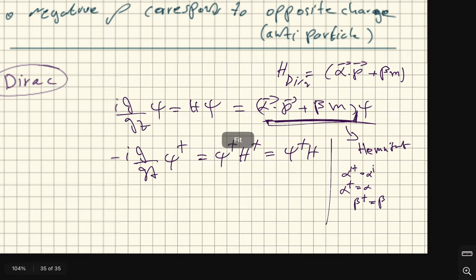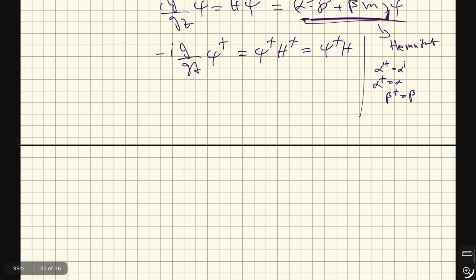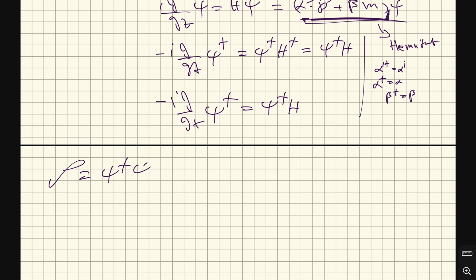That's what Hermitian means, mathematically. So now we have minus i partial t psi dagger equal psi dagger H in a way or another. Okay, so we know that rho is psi dagger psi.